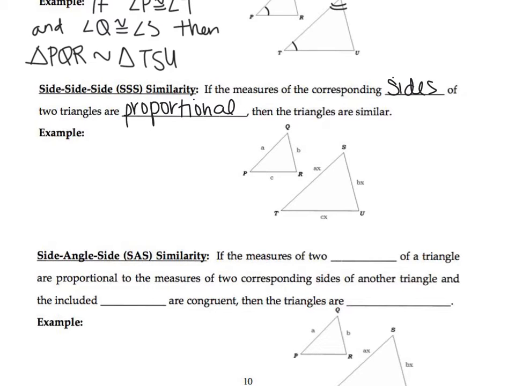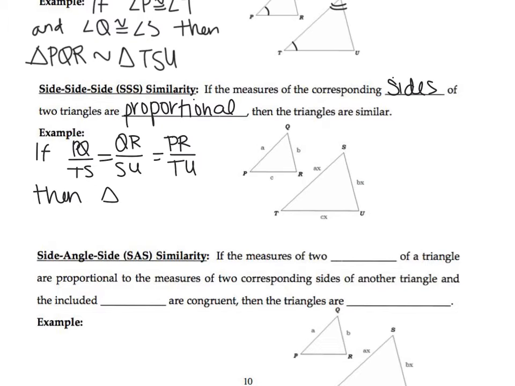What that means is, if I set up the proportion for all 3 corresponding sides, we get PQ over TS equals QR over SU equals PR over TU. Then we can say triangle PQR is similar to triangle TSU.